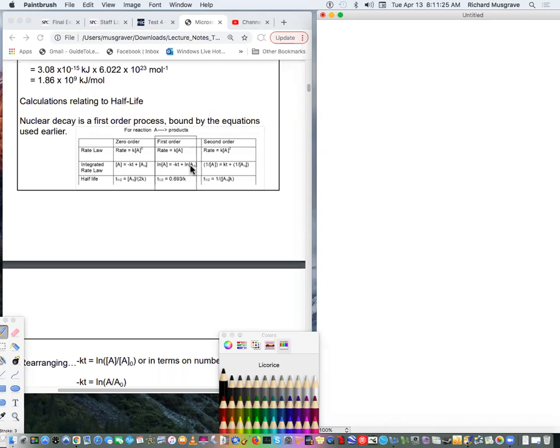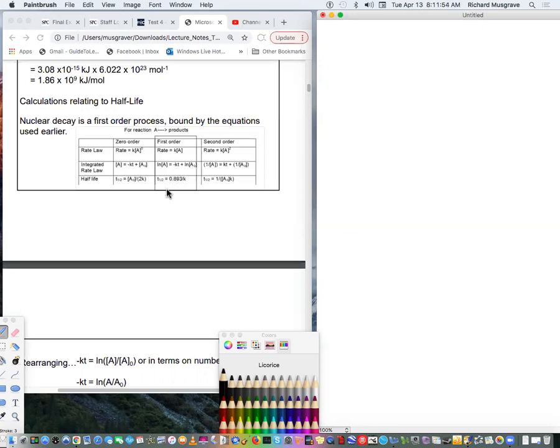But it doesn't matter how much there was. So let's say there was a kilogram. In 30 days, there's half a kilogram. If there was 10 kilograms, in 30 days there'd be 5 kilograms. So it all depends on how much there is at the beginning as to what you get left at the end. But the equation actually doesn't include how much there was at the beginning. As you can see, there's no mention of A0 or the starting amount of the material that we're talking about.